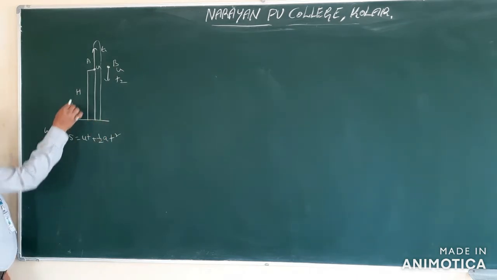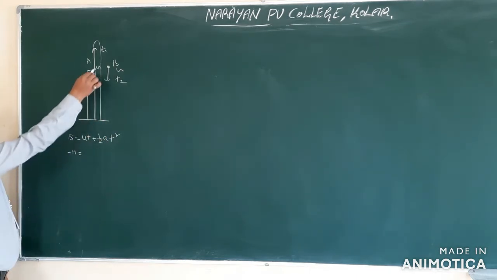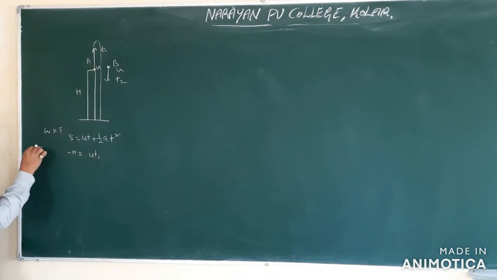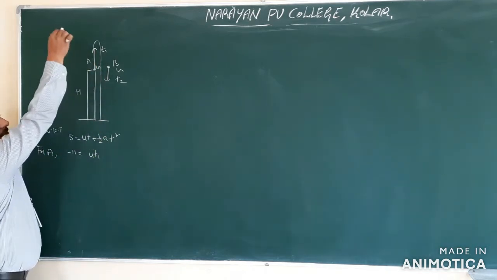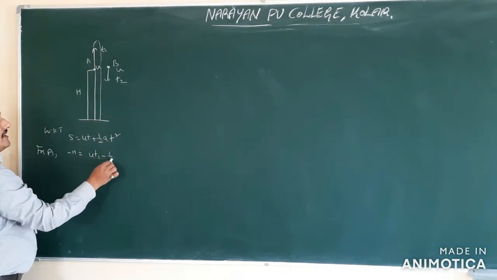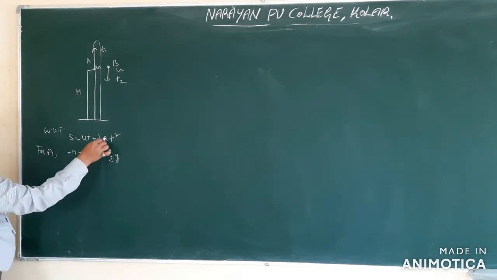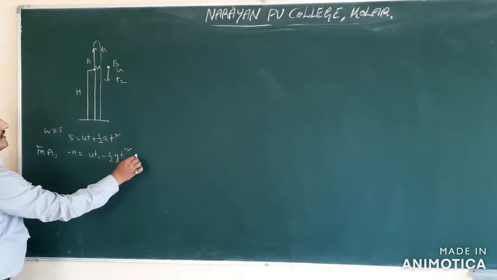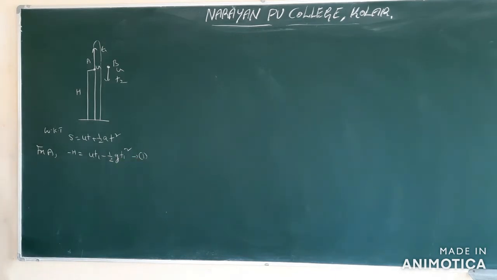Here s value is minus h, u value is u, t value for A is T1. This is a vertically projected object, therefore a value will become minus g, and t is T1 square. Call it equation number 1.